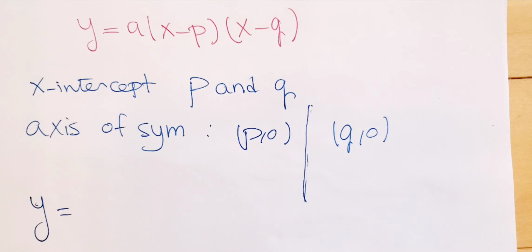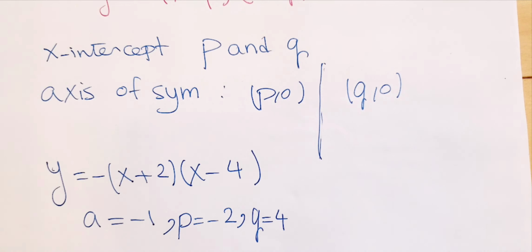In this example, our equation is y equals -1 times parentheses, the first parenthesis is x plus 2, the second parenthesis is x -4.